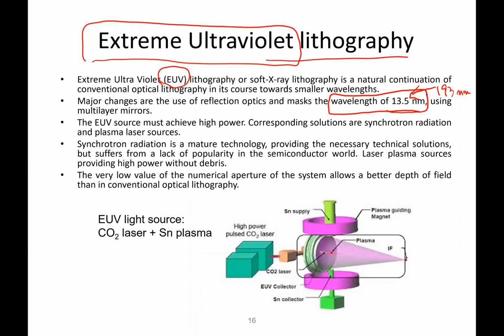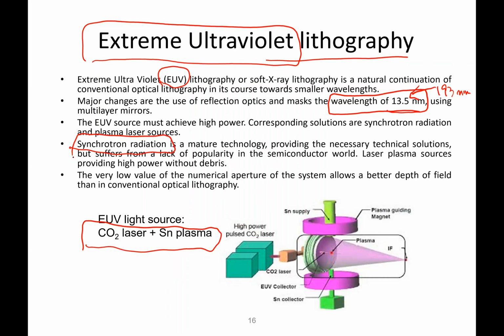For this, a synchrotron radiation source can be used, but it is very difficult to have synchrotron radiation in a plant, right? It's very expensive and a very sophisticated tool.